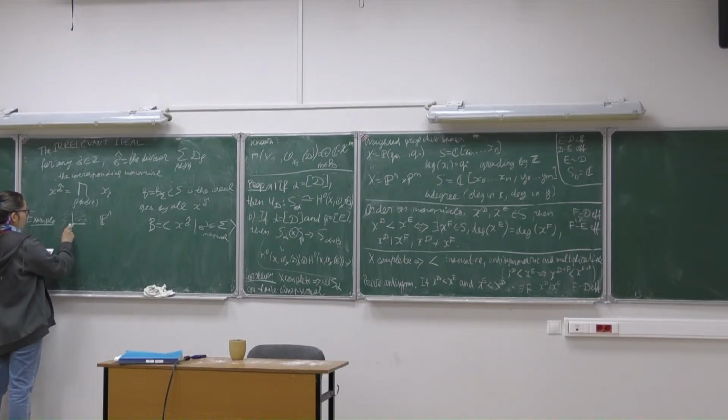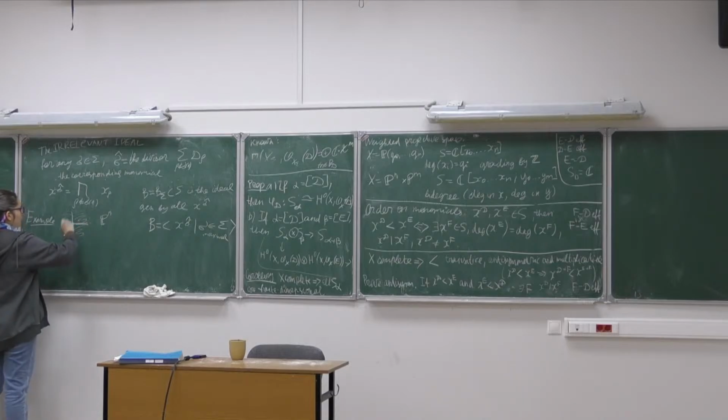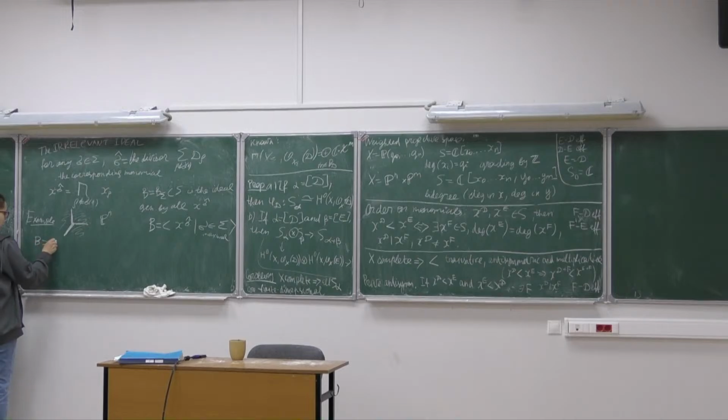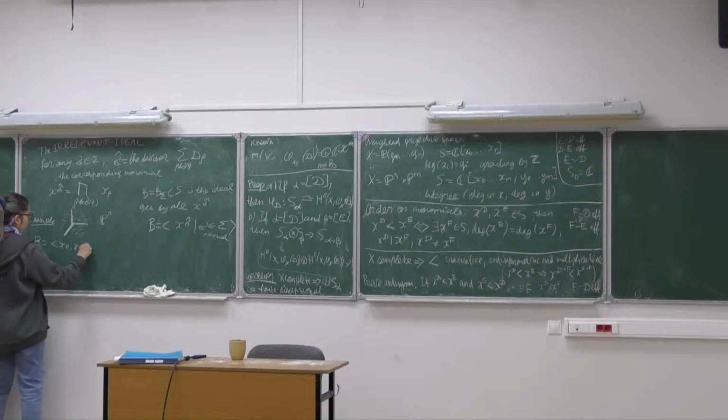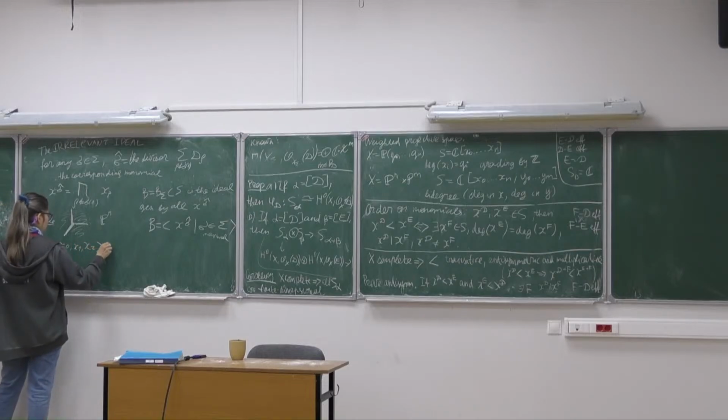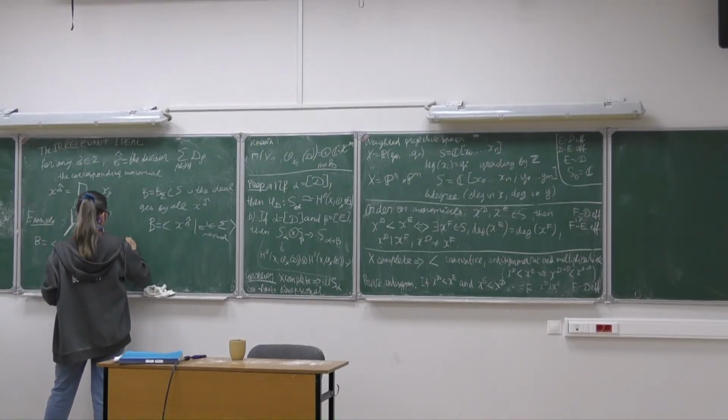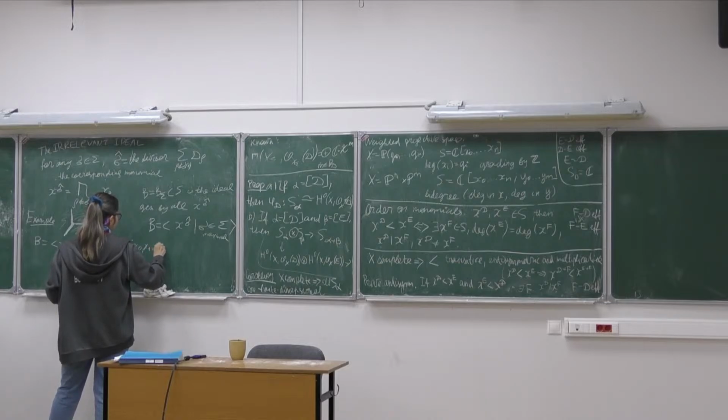For this cone, it will be this. And for this, it will be this. So B will be the ideal generated by x0, x1, x2 in the polynomials in x0, x1, x2.